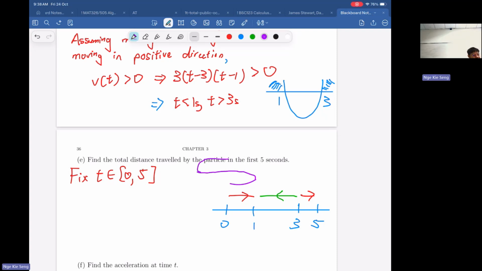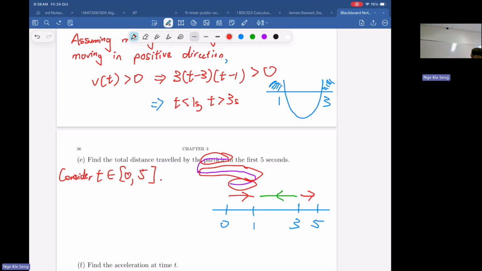So if you use displacement to compute, maybe you go to the same place or not very far from the original place. But then how do you compute this? You really need to make all these parts a positive distance so that you can add them together.